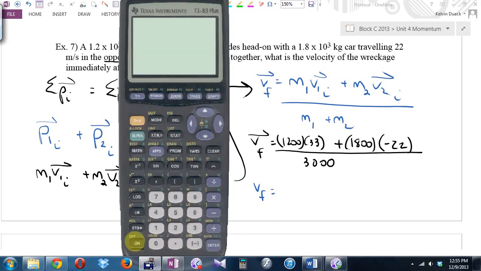If I get 0 exactly, then it means the collision, even though they were at different speeds and different sizes, looked like this. Came to a stop. I haven't tried this one yet. 1200 times 33 plus 1800 times negative 22 divided by 3000. What do you get? Is it 0? Oh! I must have made that one up on purpose.